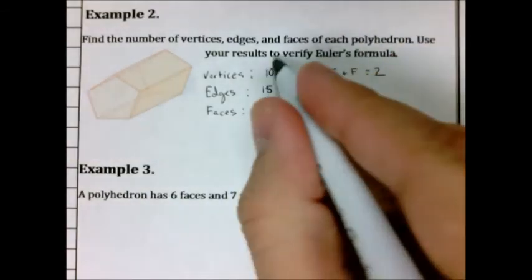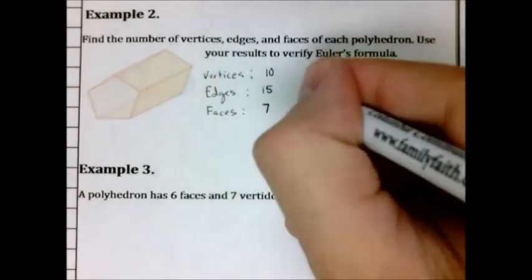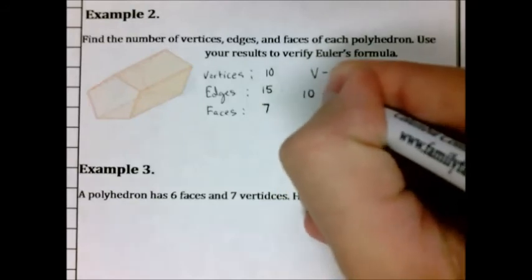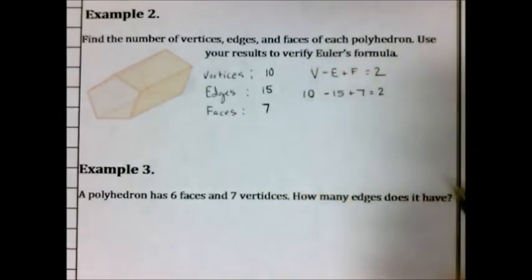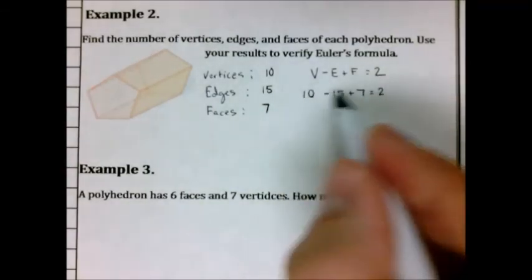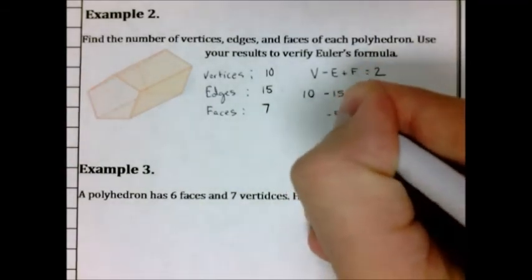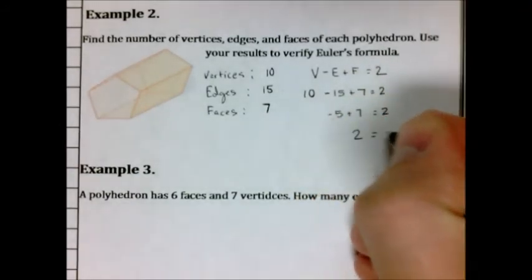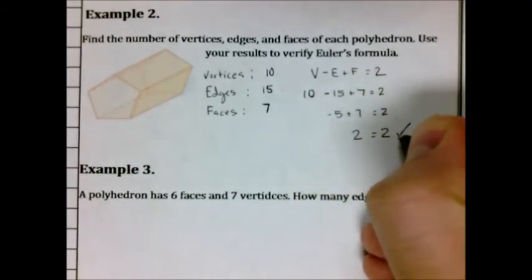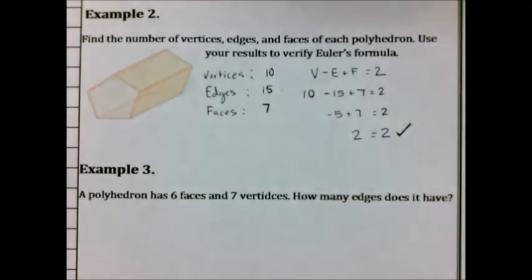We just have to substitute these numbers in. There's 10 vertices minus 15 edges plus 7 faces. That should equal 2. If we solve this, 10 minus 15 is negative 5, plus 7 equals 2. So that does check out. We verified Euler's formula.